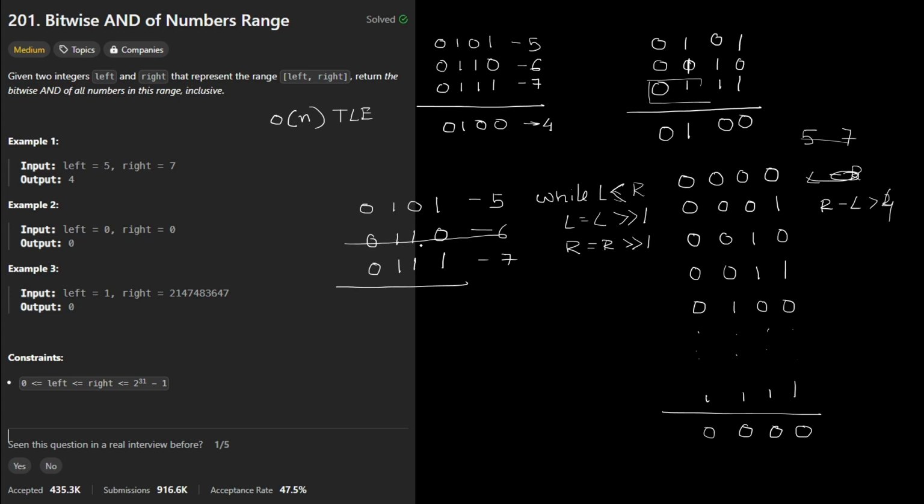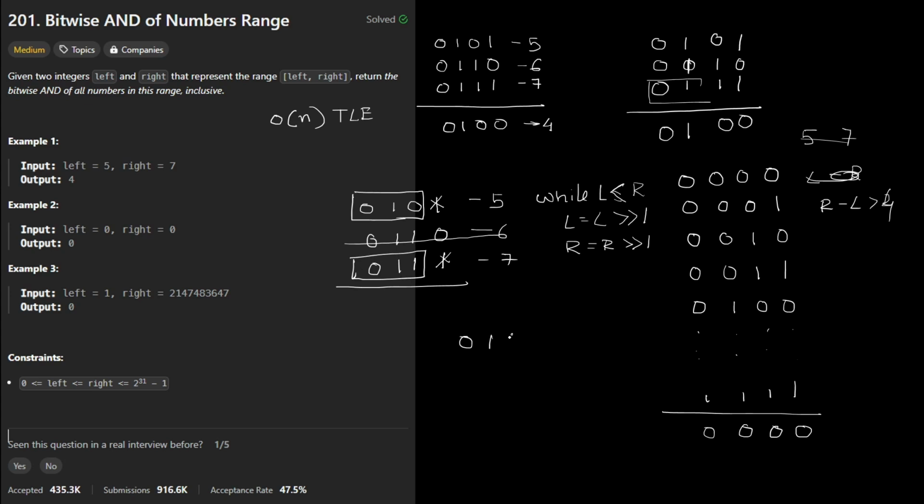Right now, 5 and 7 are no longer the same, so I'm going to right shift. If I do the right shift, this value is going to get removed and this would be my current value which I'm going to look into.